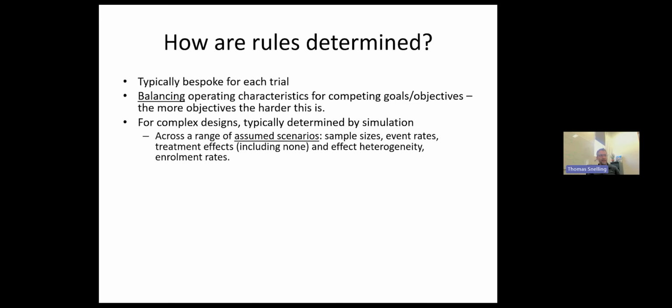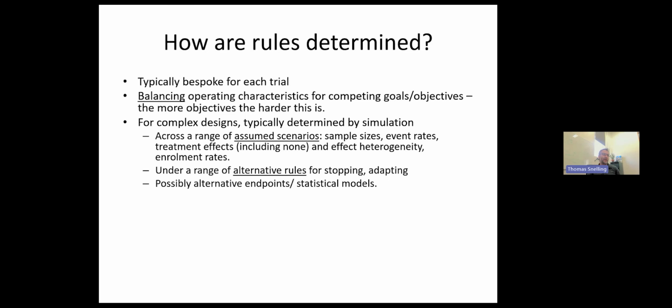And the simulations that we and others do typically look across a range of assumed scenarios, a range of assumed truths around sample sizes, event rates, treatment effects, including assuming no treatment effects, and also around heterogeneity of treatment effects across different subgroups, and also looking and exploring a range of alternative rules for stopping or implementing other adaptations.